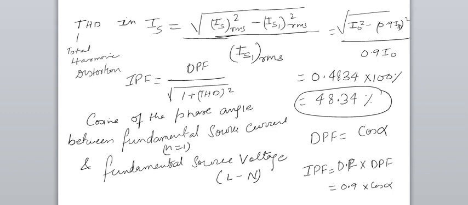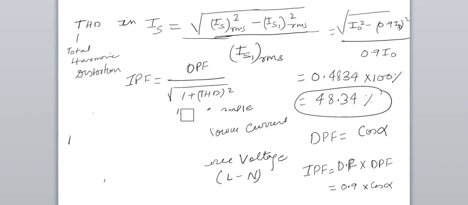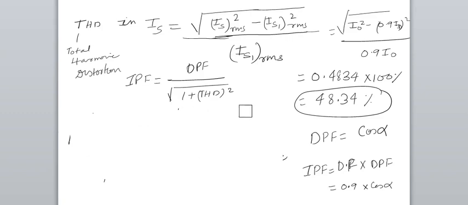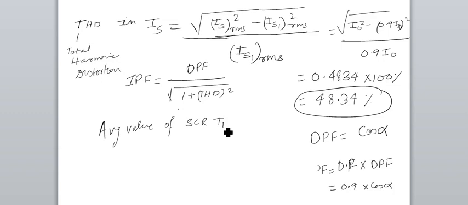Now, as an assignment, those who are able to understand this, those who are working hard and asking questions, will be able to solve it. I want the average value of the SCR T1 current, that is IT1.